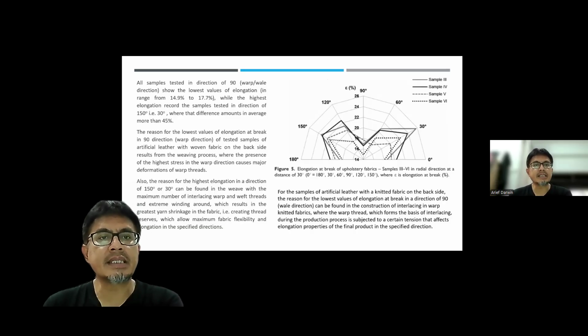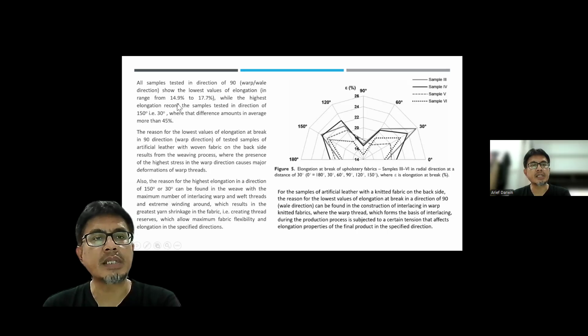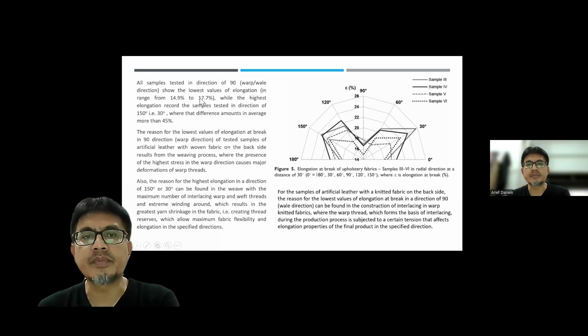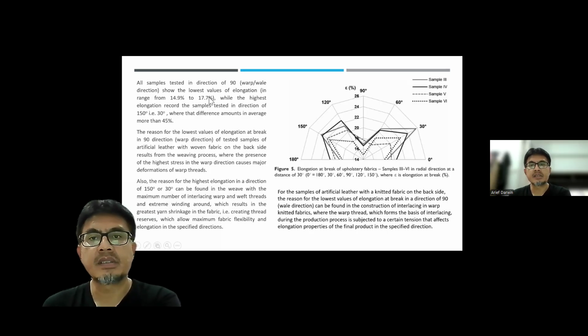All the samples tested in the direction of 90 degrees, the warp direction, show the lowest value of elongation, in the range of 14.9% to 17%, while the highest elongation was recorded for the samples tested in the direction of 150 degrees.